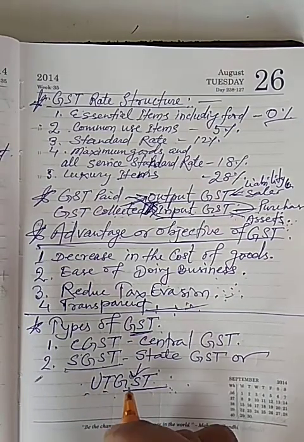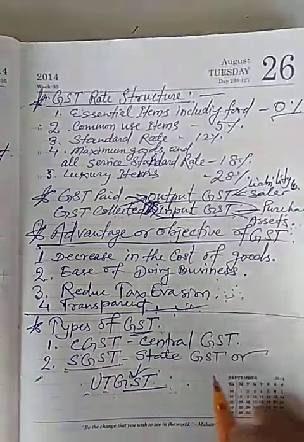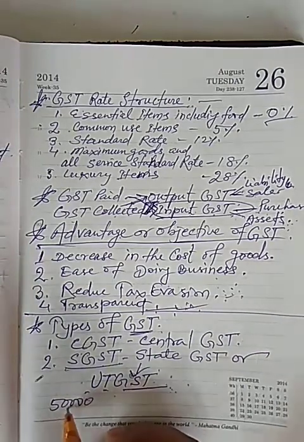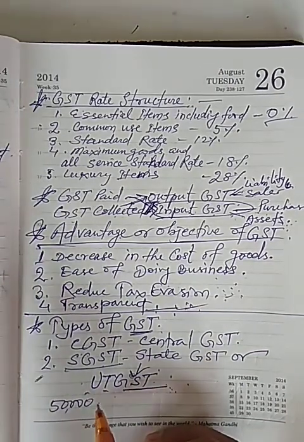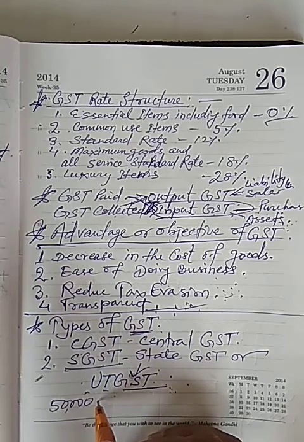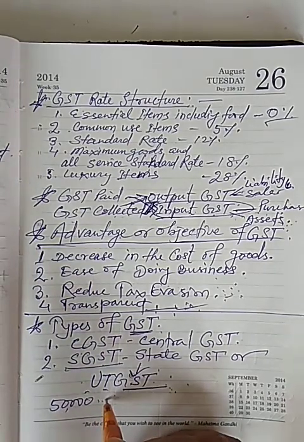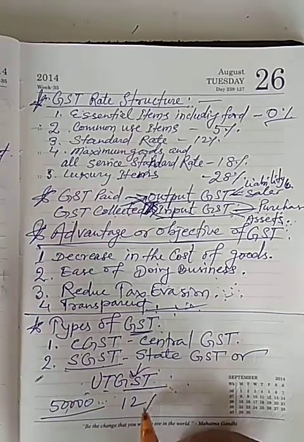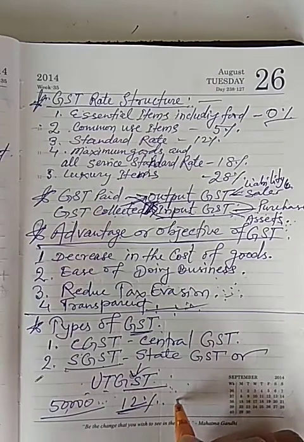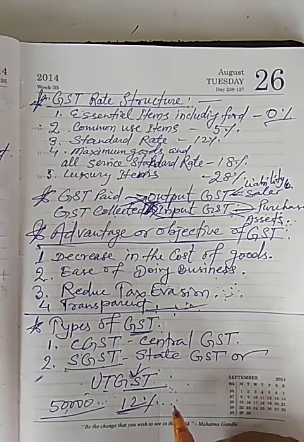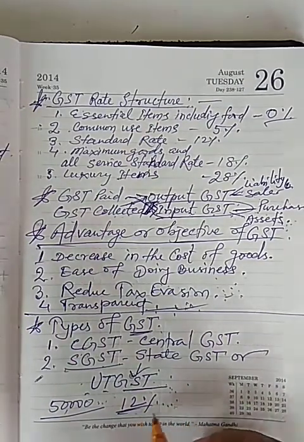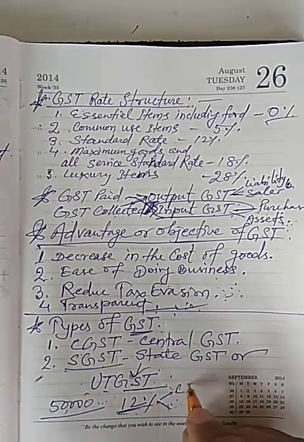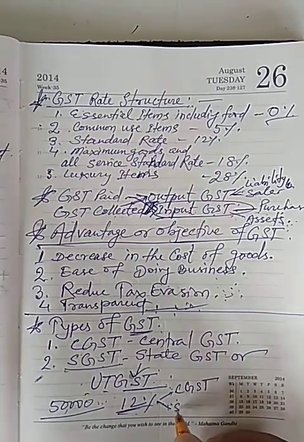Suppose the GST rate on the goods is 12%. Then this rate will comprise both CGST and SGST.